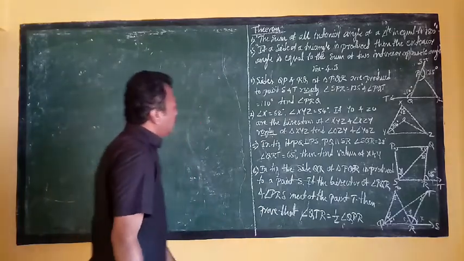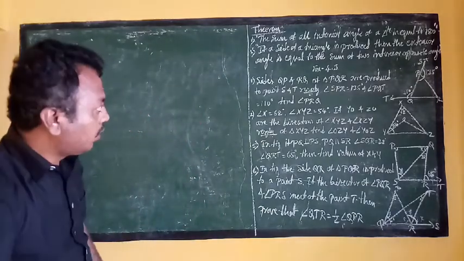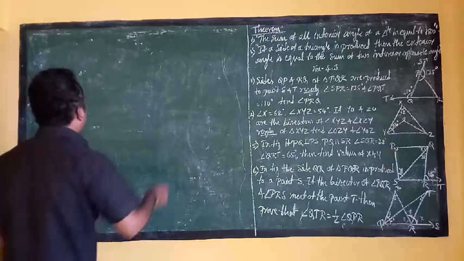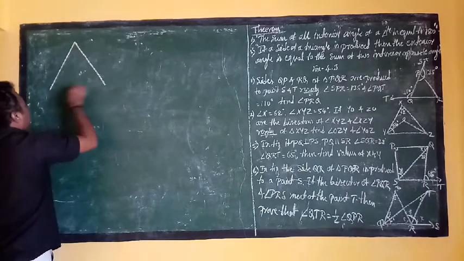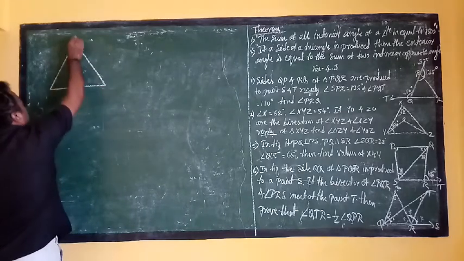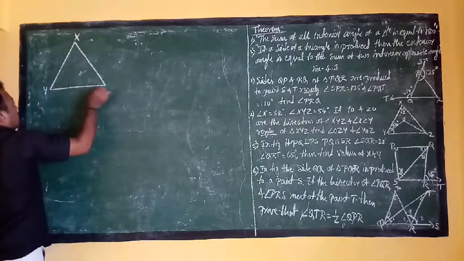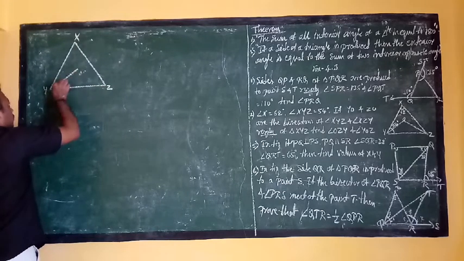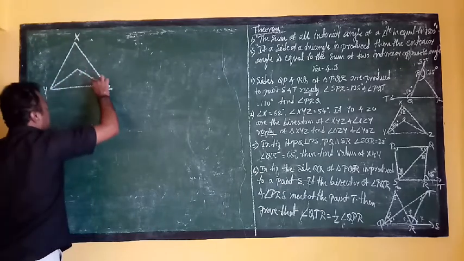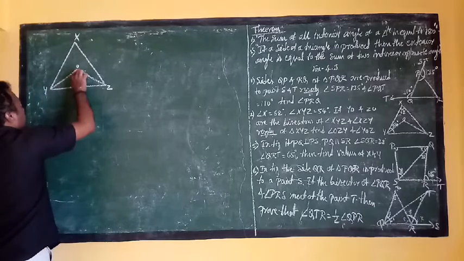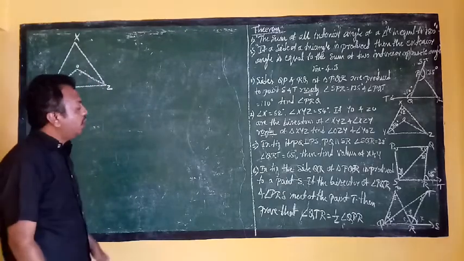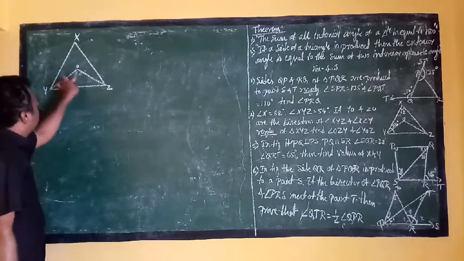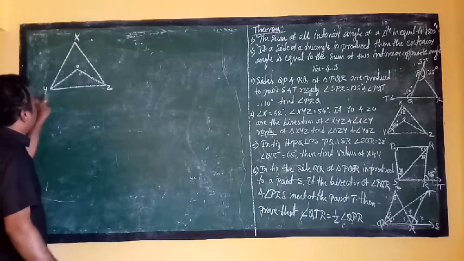Okay students, angle X is equal to 62 degree, it is given already. Then we will draw the diagram first. X, Y and this is Z. So YO and ZO are the angular bisectors. YO is the bisector of angle XYZ.